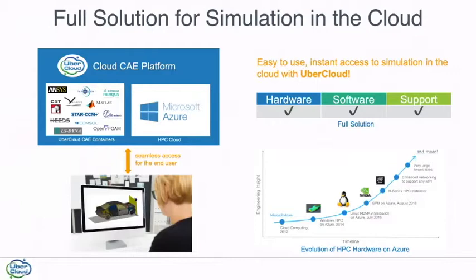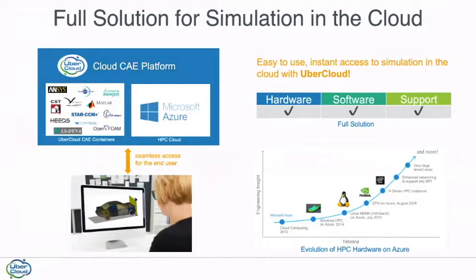We have partnerships with all leading CAE software companies, as well as cloud providers such as Microsoft Azure. And you can see here some of the applications we are currently supporting, like ANSYS, CFX, HEEDS, LS-DYNA, STAR-CCM+, MATLAB, COMSOL, Abaqus. There's also a lot more that's not shown in this picture.